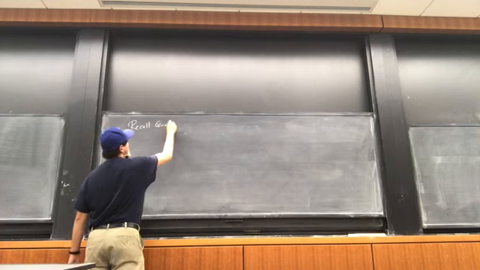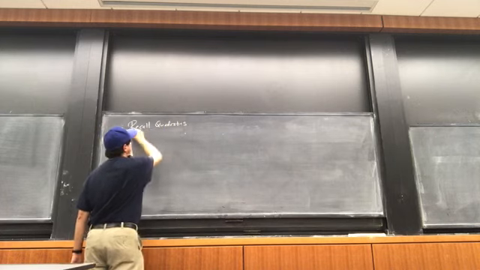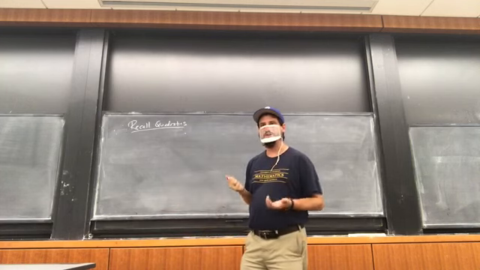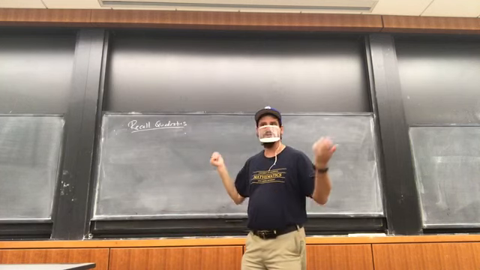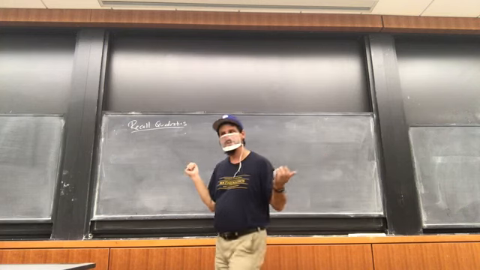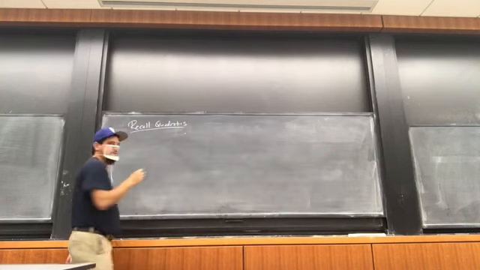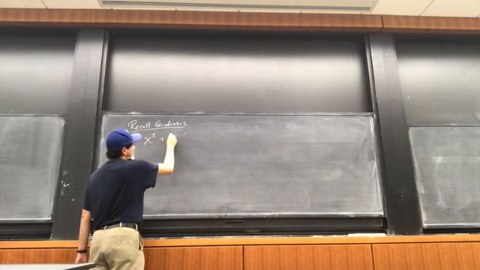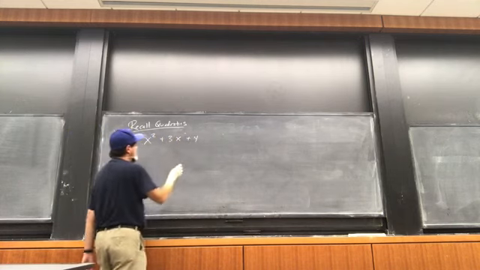quadratics. So can someone give me a quadratic, a nice generic quadratic? How might you write it? x squared plus 3x plus 4. Okay. x squared plus 3x plus 4.